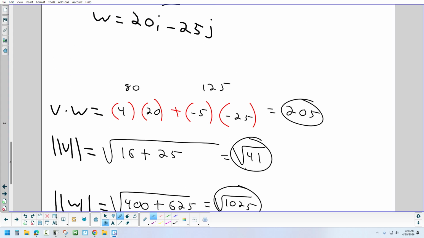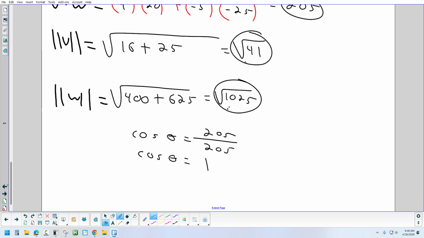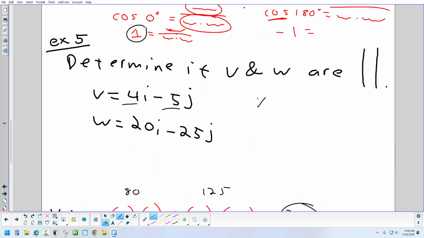And we just did that right here. If you have something equal to 1, we know that the angle is 0 degrees, and we set up here that 0 means parallel. So the two vectors are parallel. So the answer to the question: yes, V and W are parallel.